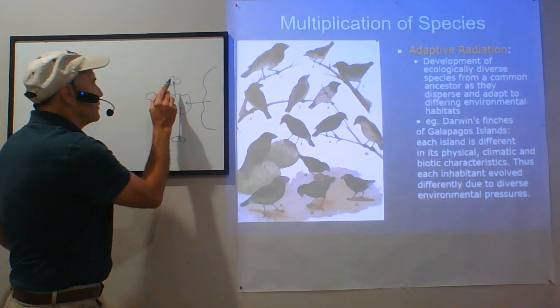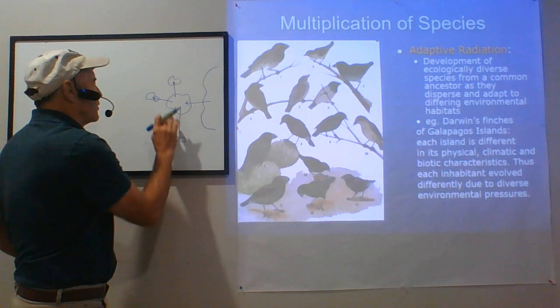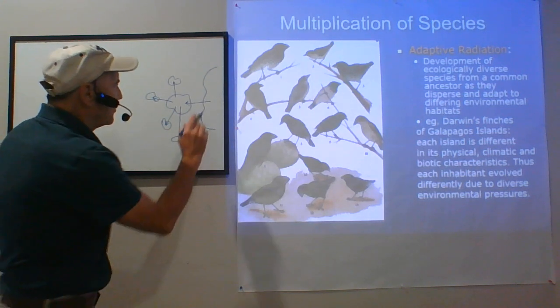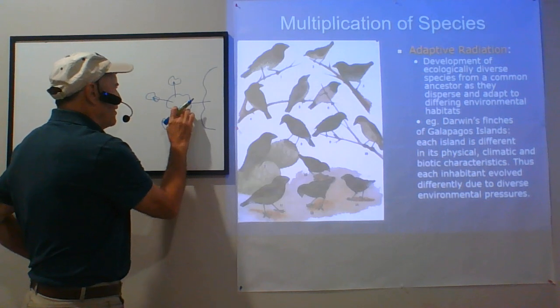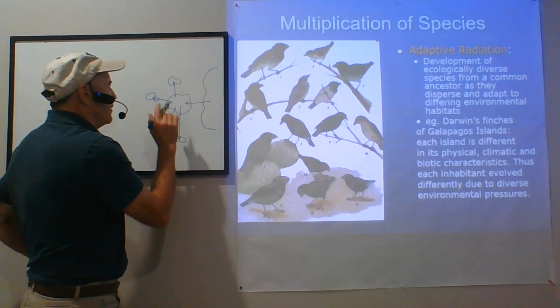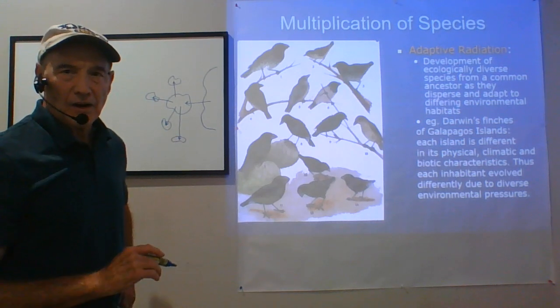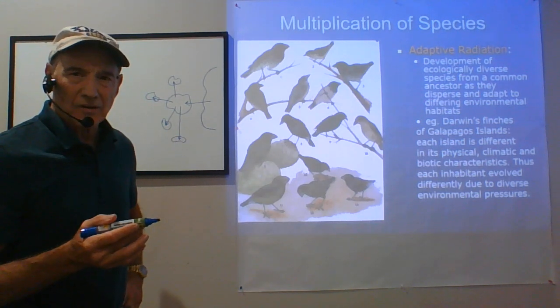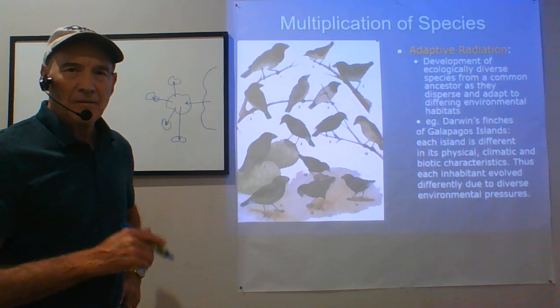Well, these islands, amazingly and interestingly, had differing environments from one another. So when these birds migrated from the mainland to the mainland island and then spread out to the surrounding islands, they ended up in different habitats, different environments that had different environmental pressures, and so they evolved differently from one another.